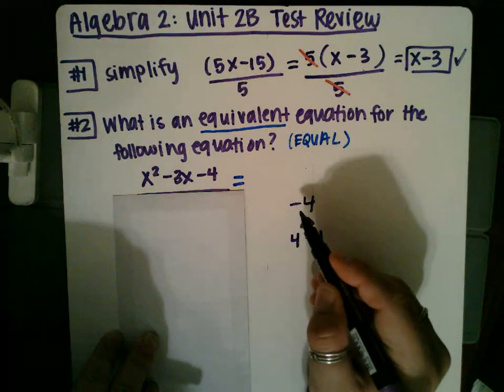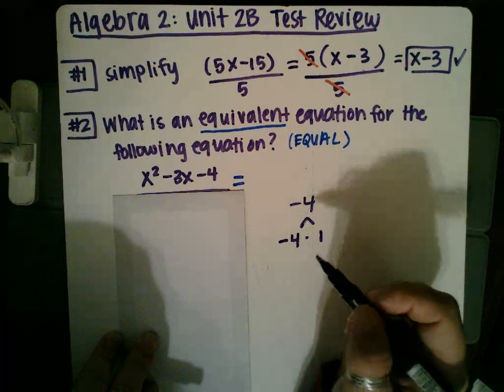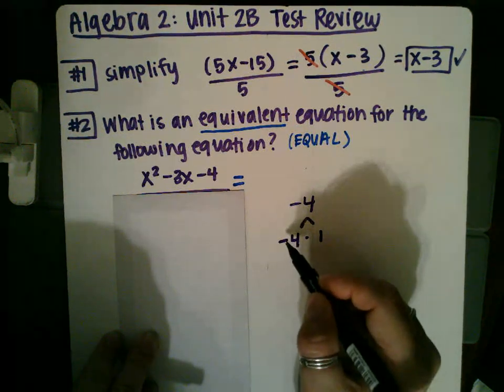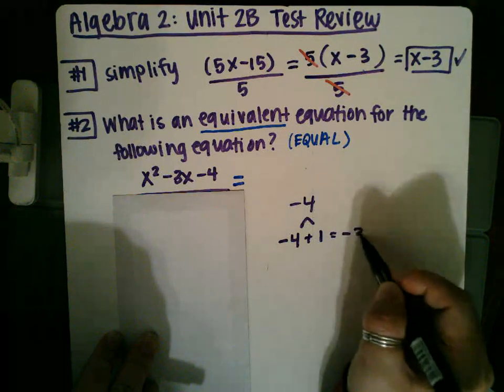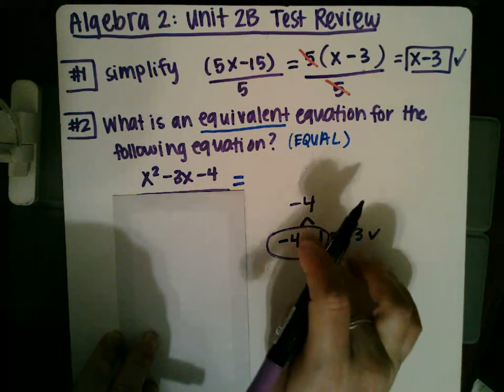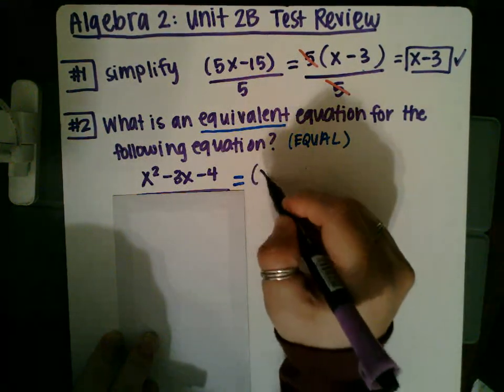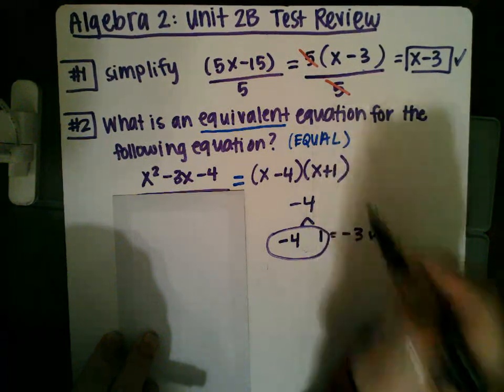But we need it to be negative, so one of them has to be negative. The only way that I can get negative 3 is if 4 is negative. So negative 4 plus 1, if I added them together, gives me negative 3, and that's my middle term. So that's how I know that my factors should be x minus 4 and x plus 1.